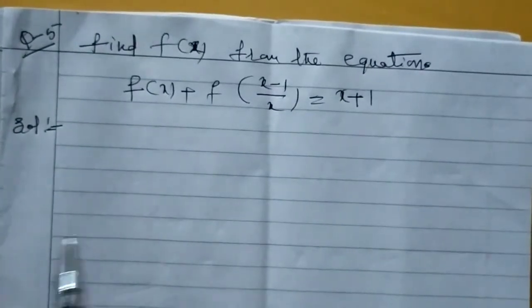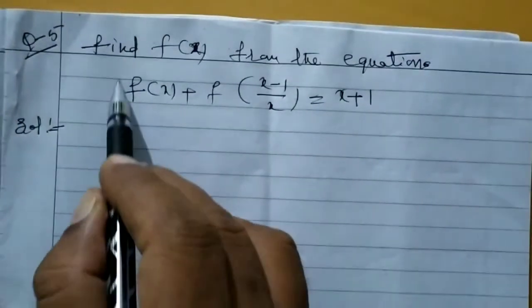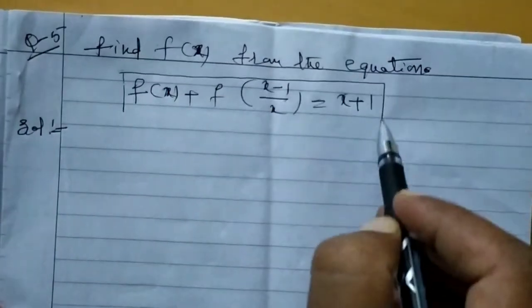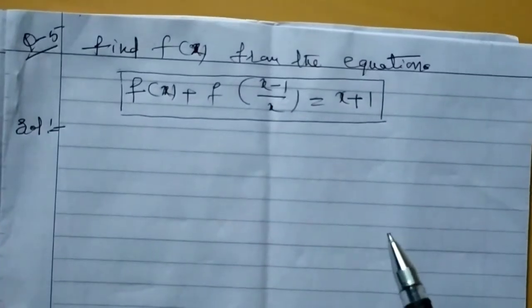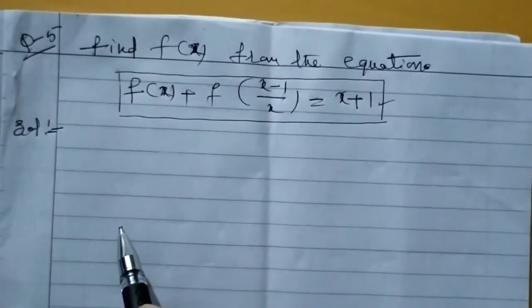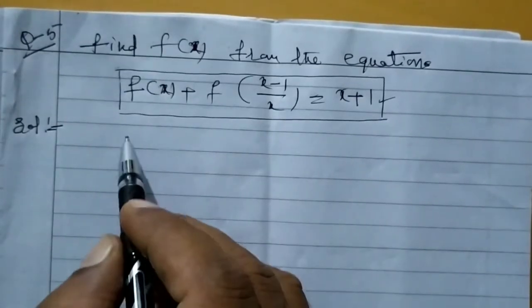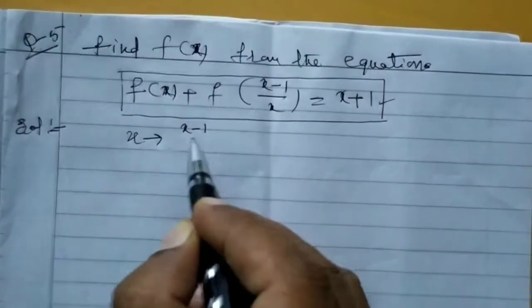See, in this problem, f of x is to be calculated from this functional relation. What is the functional relation? F of x plus f of x minus 1 by x is equal to x plus 1. In the same manner, we replace x by the second argument. X is to be replaced by x minus 1 by x.